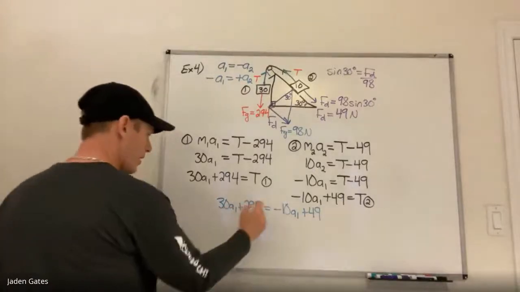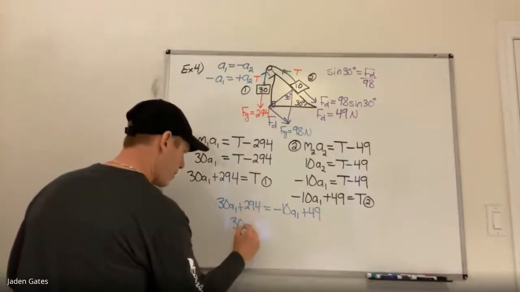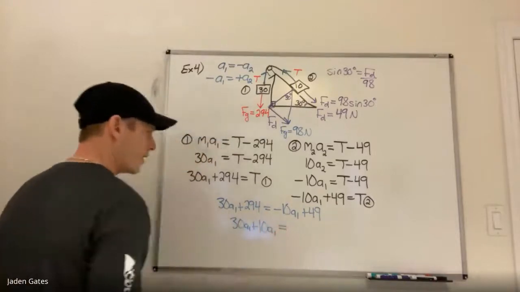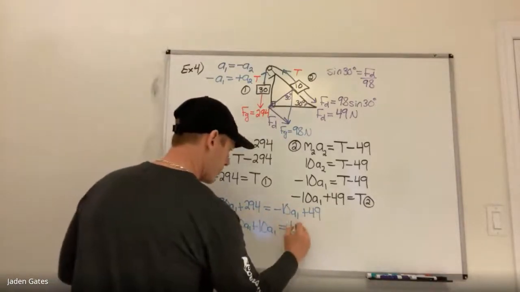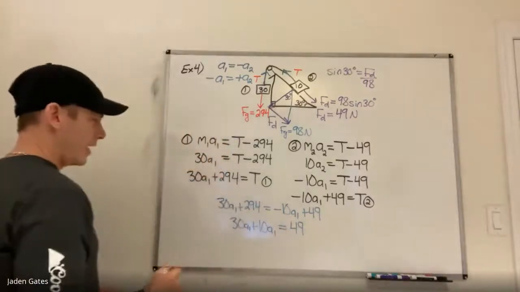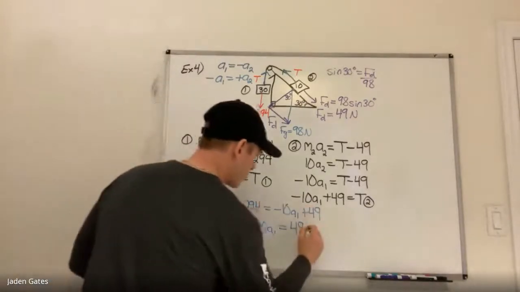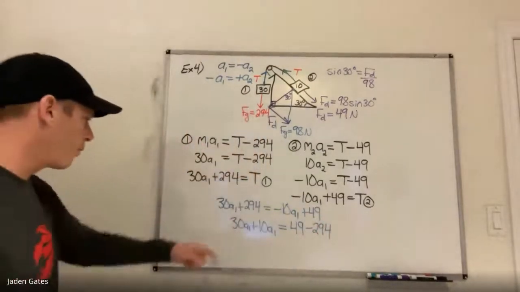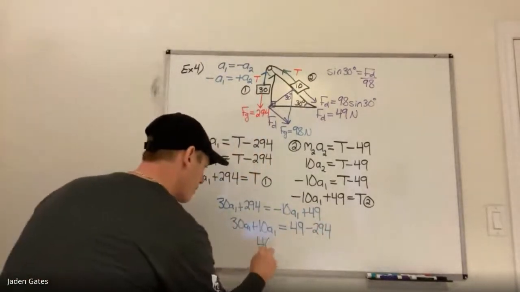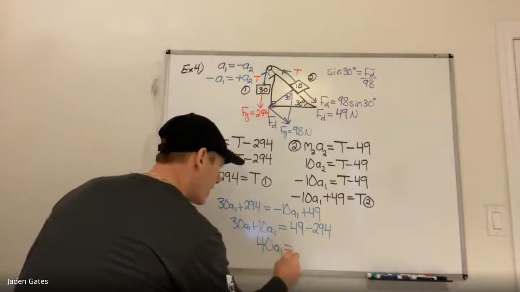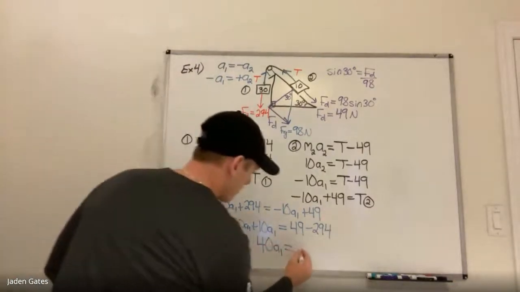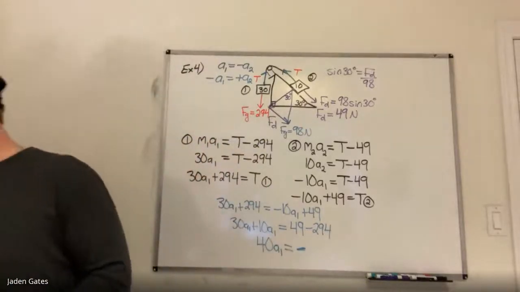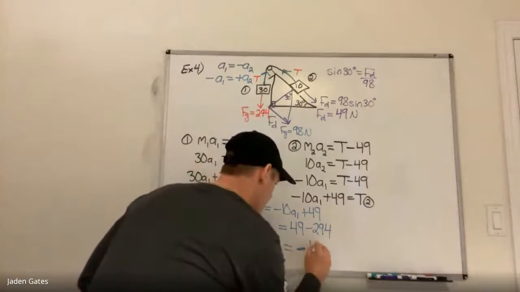On this side I'm going to have 30A1 plus 10A1, and the 49 on this side, and the minus 294 coming to the other side. So I've got 40A1 here, and 49 minus 294, which is minus 196.